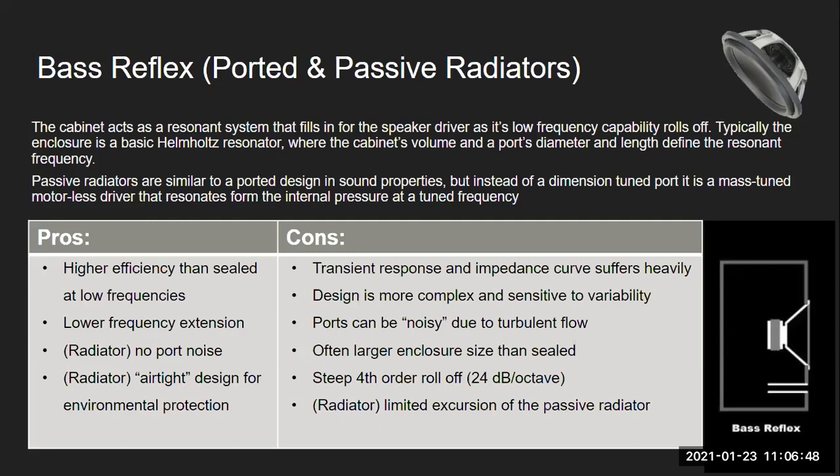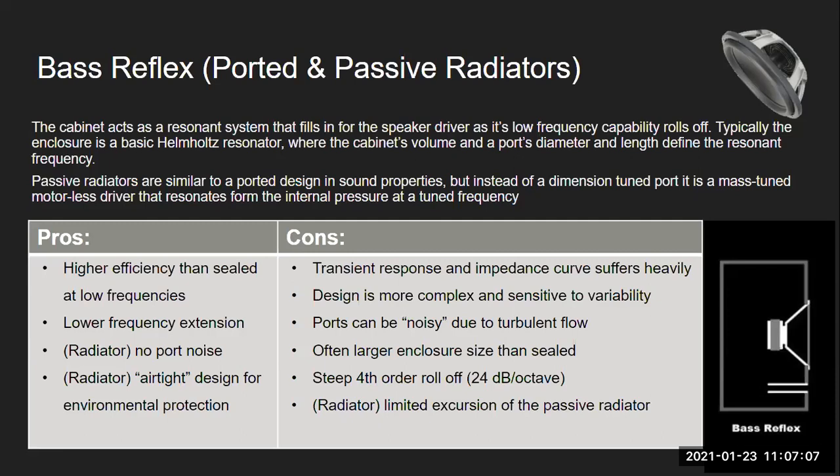And then it also is, depending on if you use ports or something called a passive radiator, which I'll talk about in a second, they can be kind of noisy from turbulent flow. It's because you've got a port and you have air moving in and out of it. So if you calculate the Reynolds number, you can determine that it's typically turbulent flow.